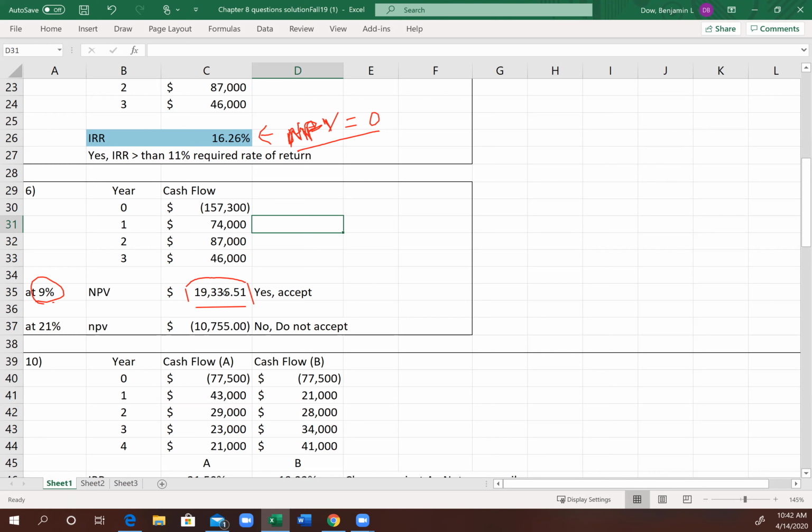Now I just plugged this into the calculator, or in my case, into Excel, but you can use your calculator or something else to figure out NPV and IRR.